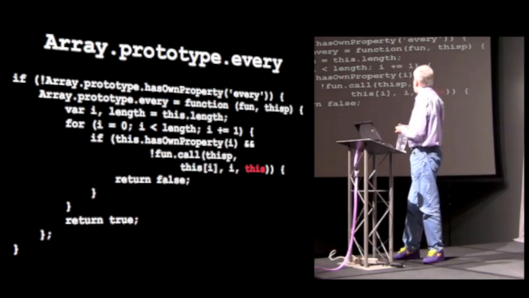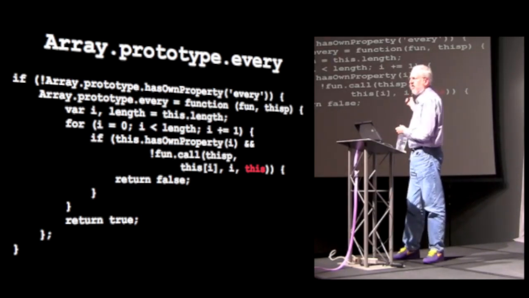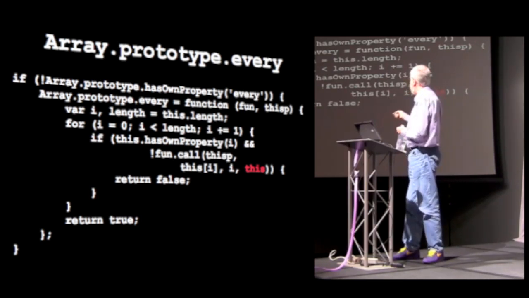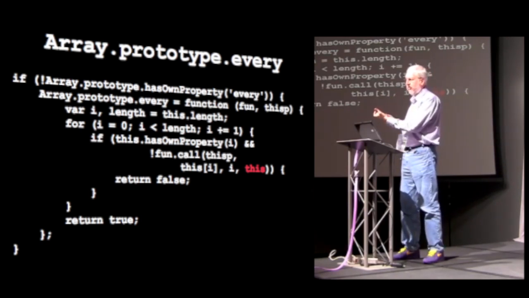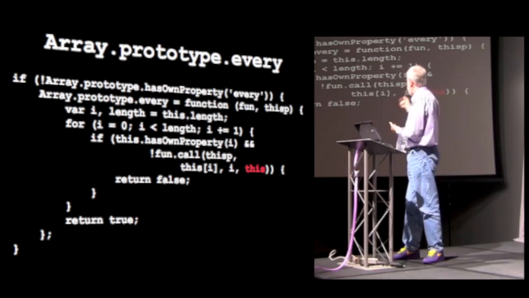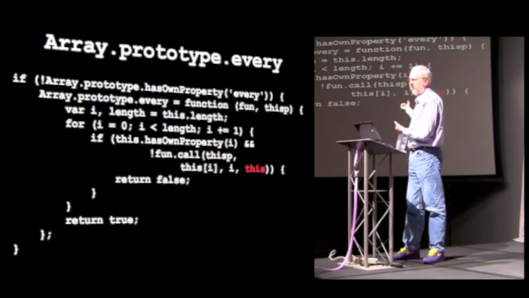So my complaints with this are, first, the optional this argument. I think it's just unnecessary, so I think it clutters the API. Much more significant is when it calls your function, it passes that function the current value, which is the right thing to do. It passes it the subscript, which is all right, but it also passes the array itself.